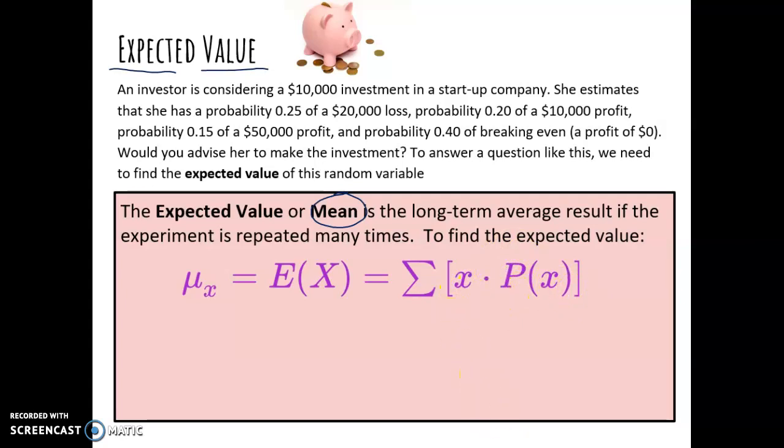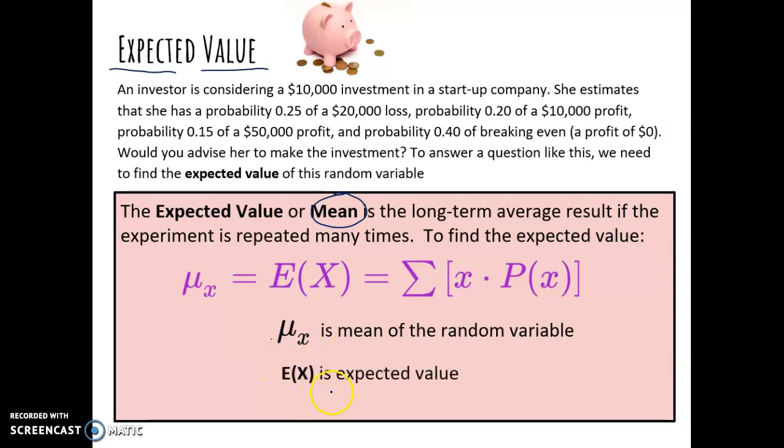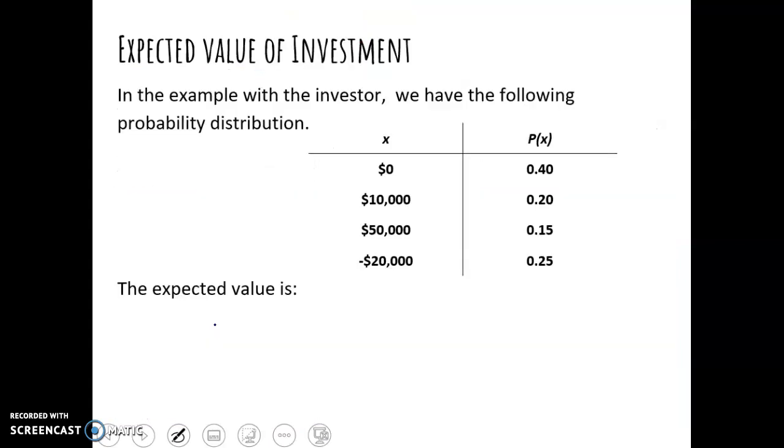So what you would do is you would find x times p of x for each random variable, and then add your answers together, and that would be your mean of the random variable, or the expected value. So again, the notation for the mean of a random variable is mu subscript x. E of x is the notation for expected value. These two are equal.